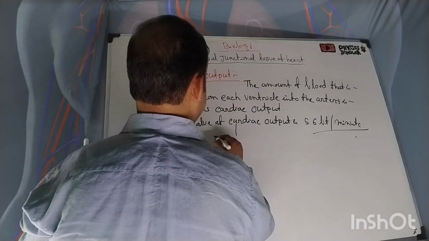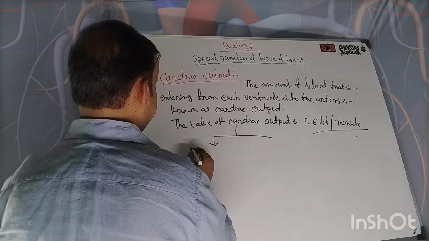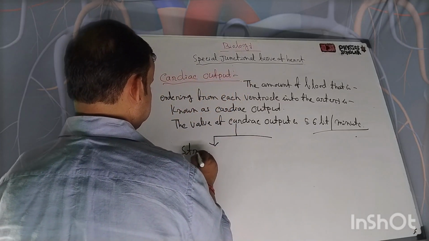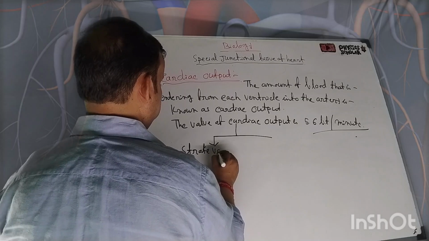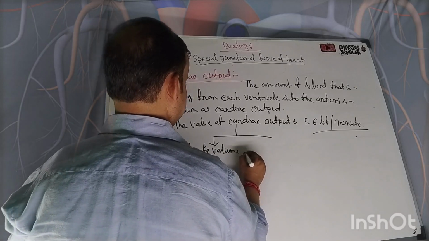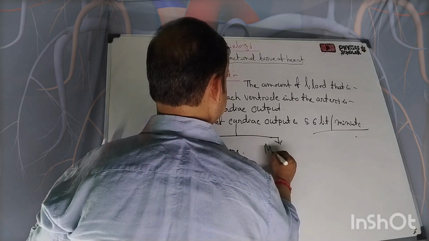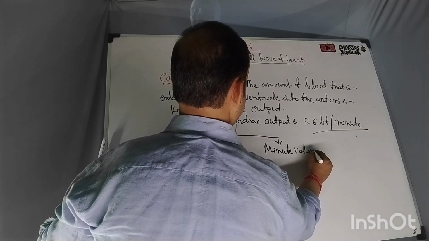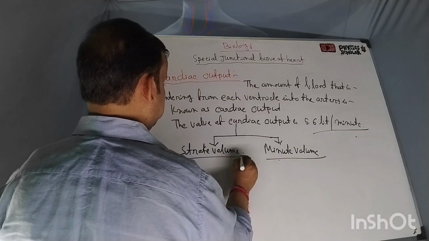So basically this is of two types. One is known as stroke volume, and another is known as minute volume. Clear? So what is stroke volume?